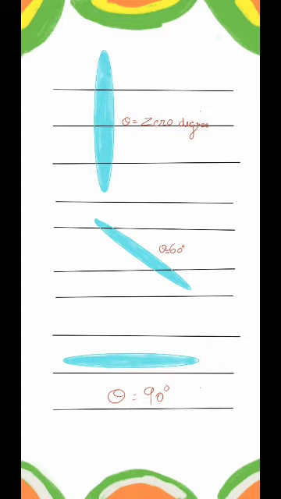This gives us E dA upon 2, as the value of cos 60 degree is 1 by 2. And in the third case, as theta is 90 degree, we will have the minimum value of electric flux, which is 0.